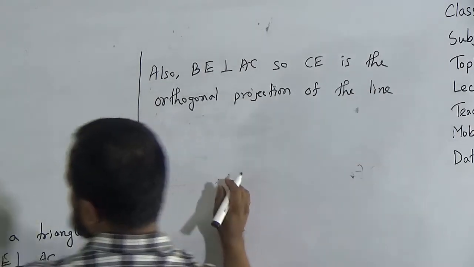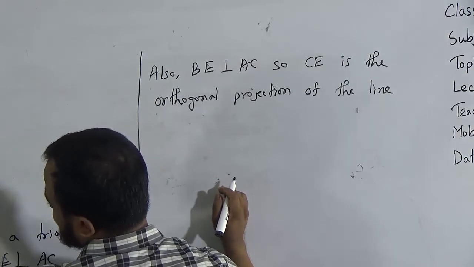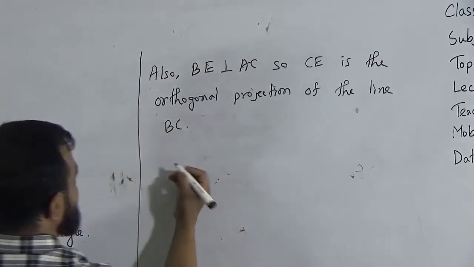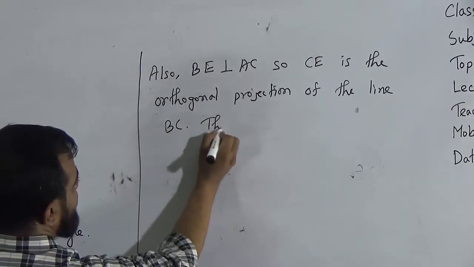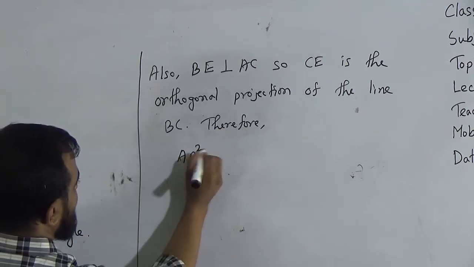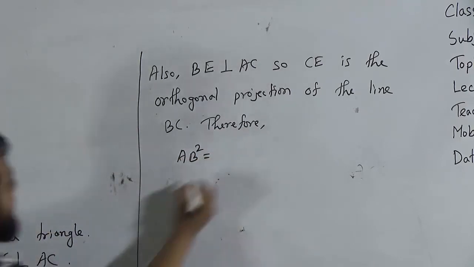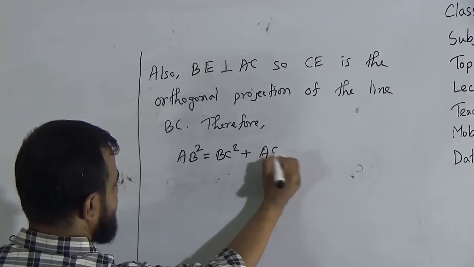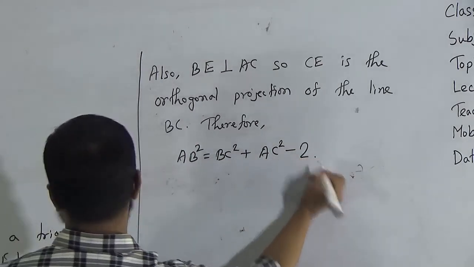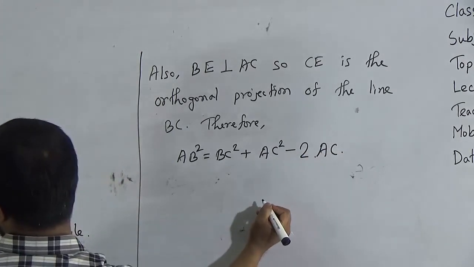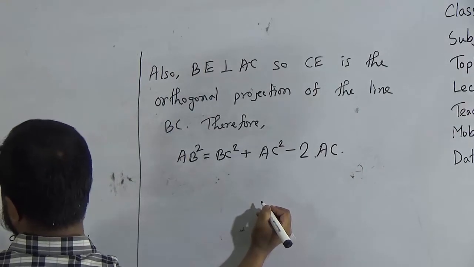Look at the figure, my dear students. CE is the orthogonal projection of the line BC. Therefore you can write down AB square, that's equal to BC square plus AC square minus 2 into AC into the orthogonal projection of the line BC, that means CE.